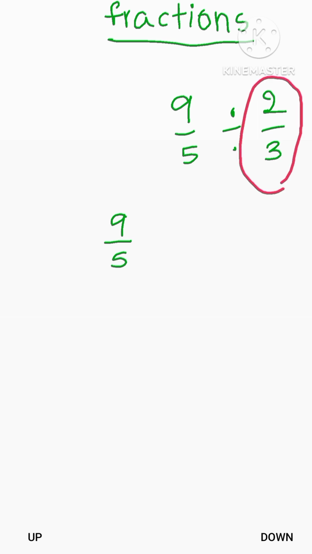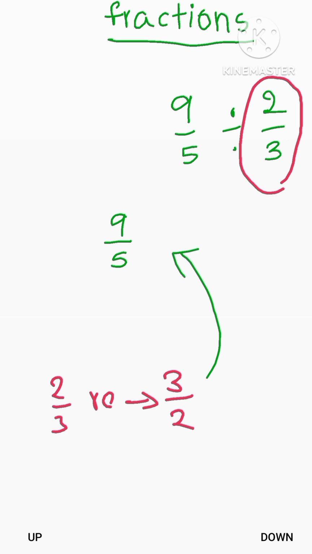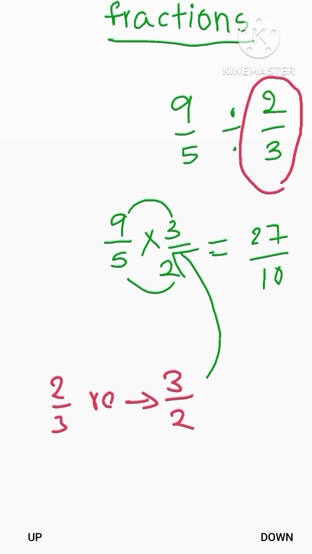So the reciprocal of 2 by 3 means 3 by 2. So the reciprocal of 2 by 3 is 3 by 2. Okay, so multiply with this reciprocal. 9 threes are 27, 5 twos are 10. So the answer is 27 by 10.